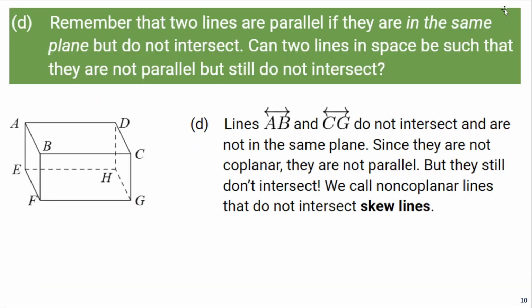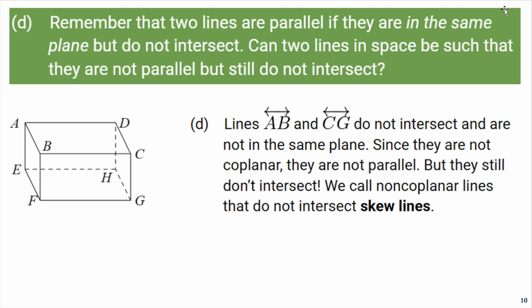Okay, next question. Remember that two lines are parallel if they are in the same plane but do not intersect. Can two lines in space be such that they are not parallel but still do not intersect? Well, this is also possible, right?